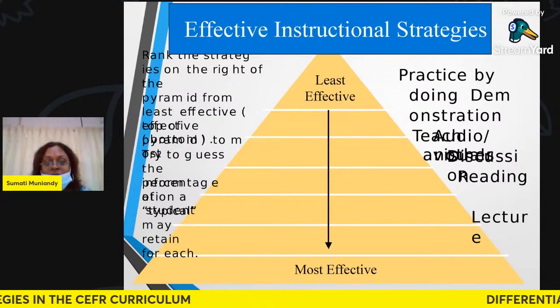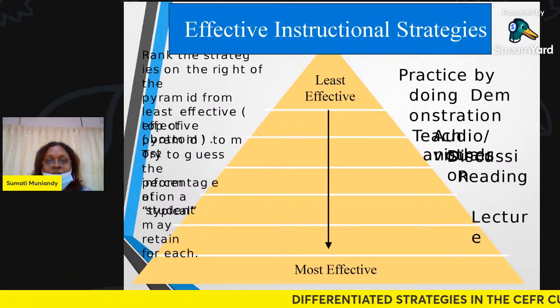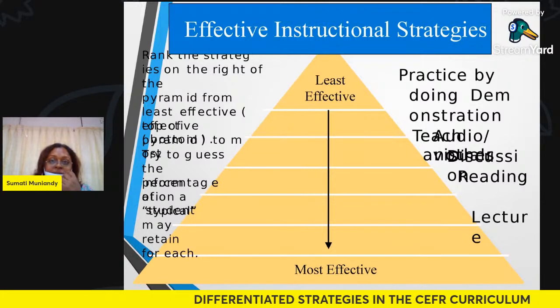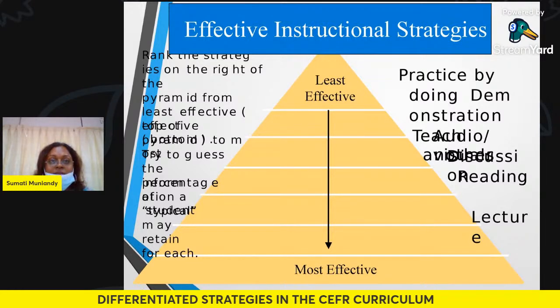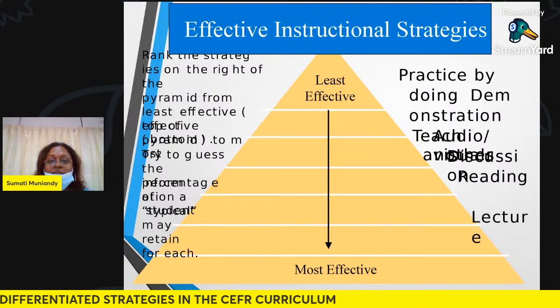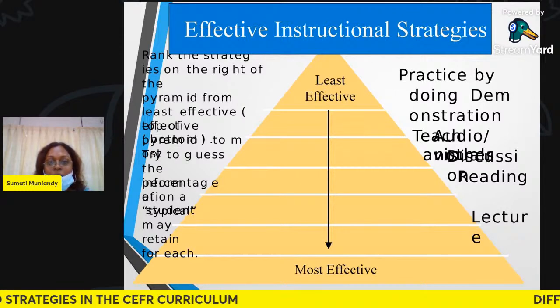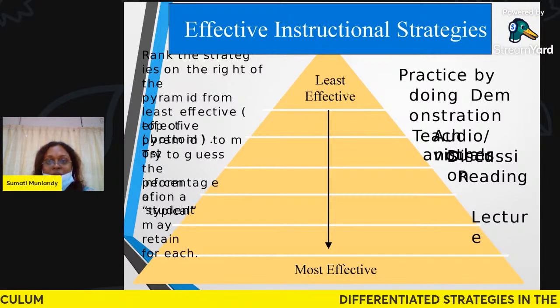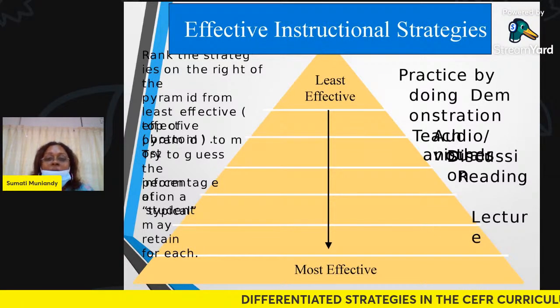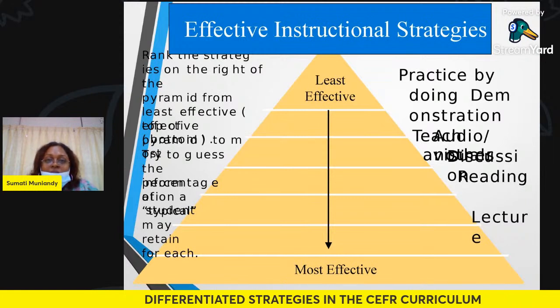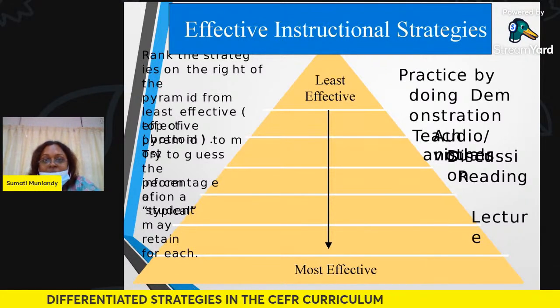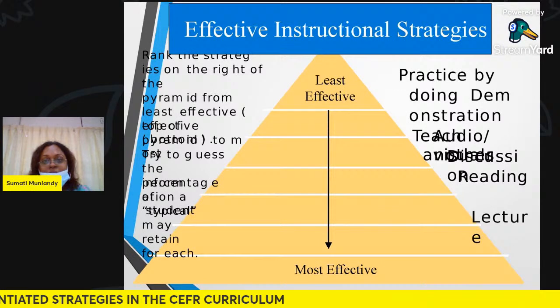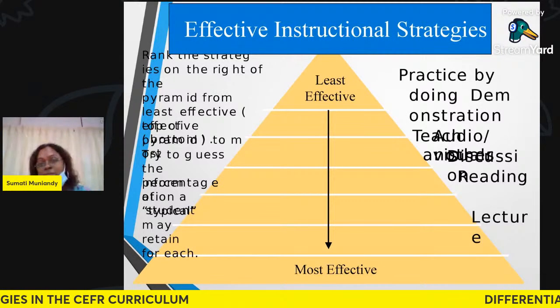What is the least effective and what is the most effective strategy that we use in the classroom? Can you guess? Rank the strategies. Which one is the least and which one is the most effective? Lecture, practice by doing, or demonstration? Which one is the most important instructional strategy in your classroom?